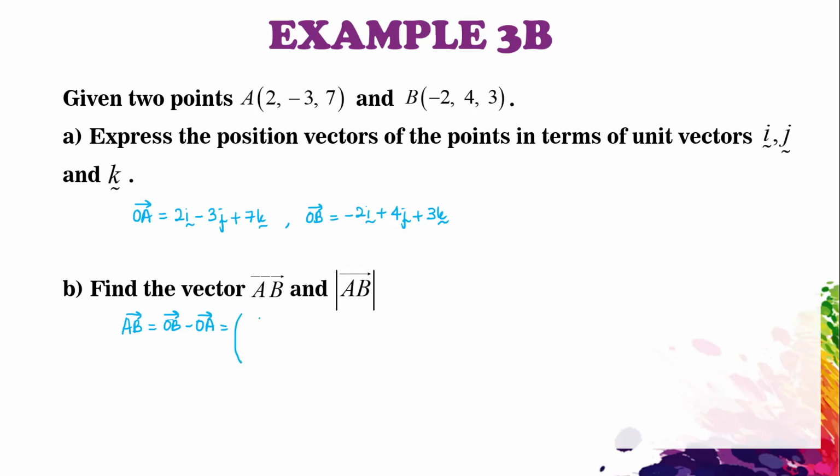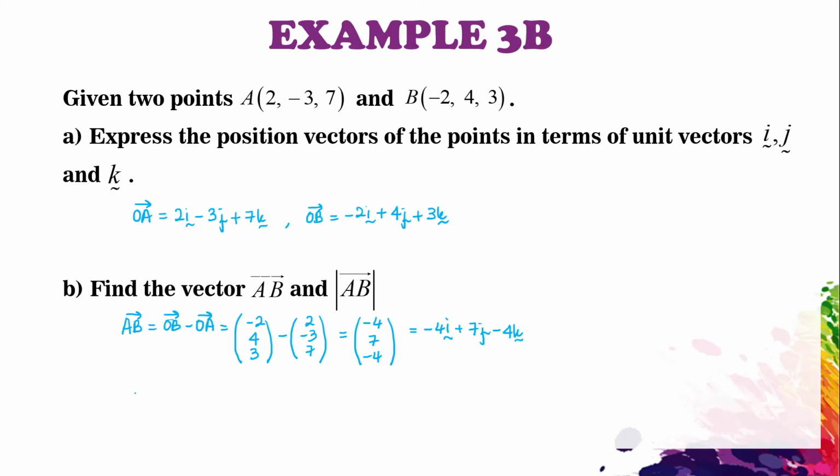We change the direction component form from part A to column matrix form. We have negative 2, 4, 3 minus 2, negative 3, 7. Simplified, we're going to have negative 4, 7, negative 4. At the end, you have to change back in terms of i, j and k. It's going to be negative 4i plus 7j minus 4k.